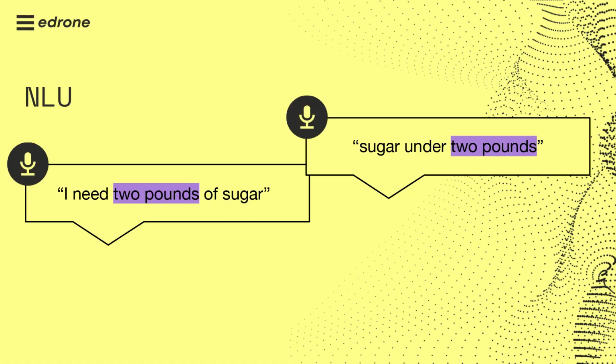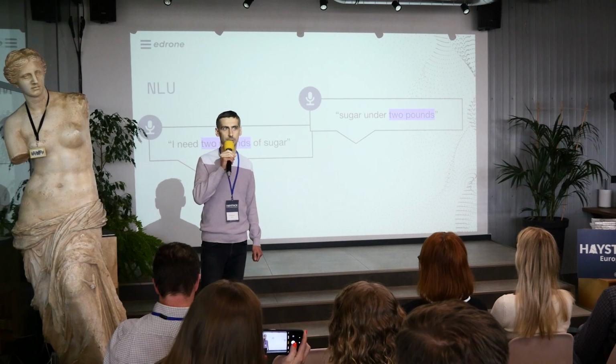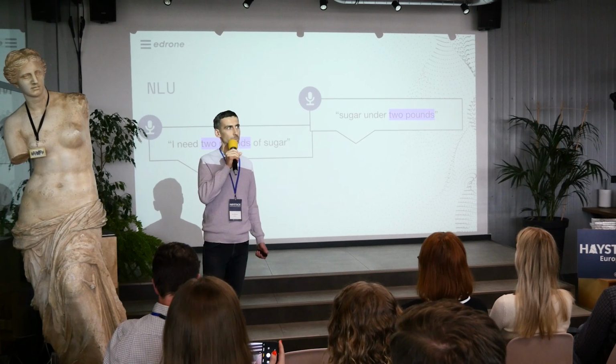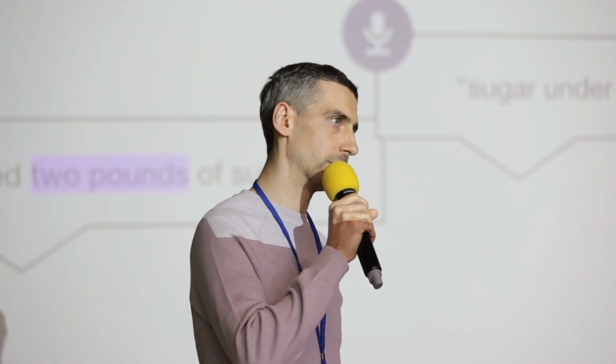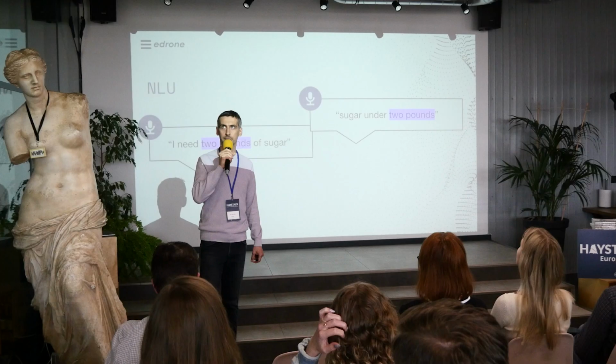So in this example, pounds can either mean the weight of the product, or it can mean the currency, right? And it is a non-trivial task to do something like this. In Polish, an example would be złoty, which means both currency and a color, and you need to somehow disambiguate that part.